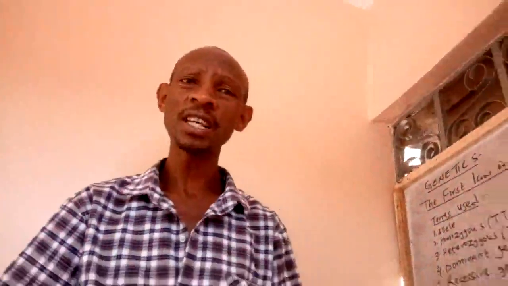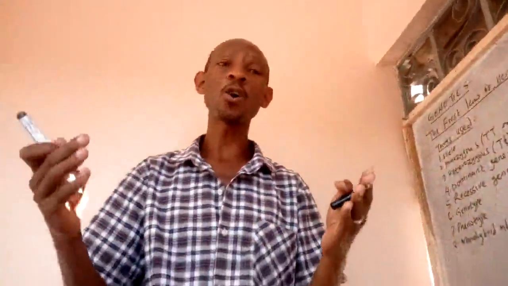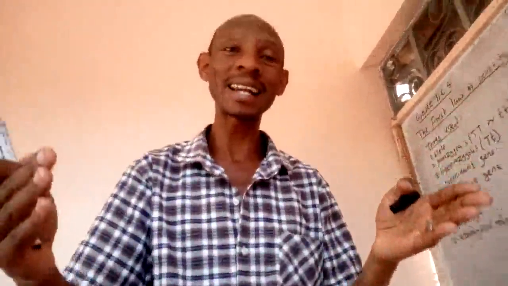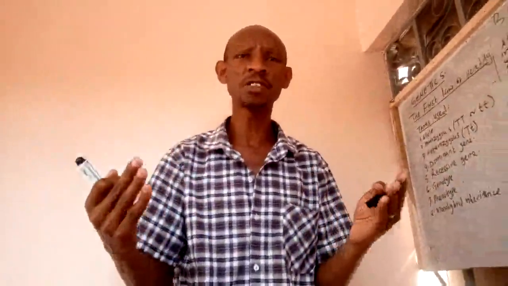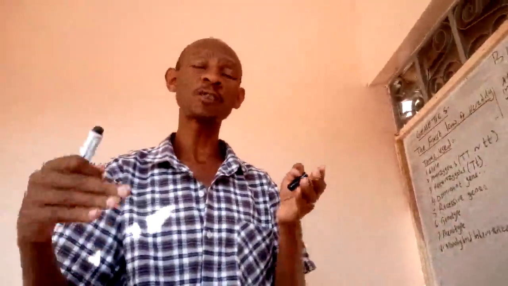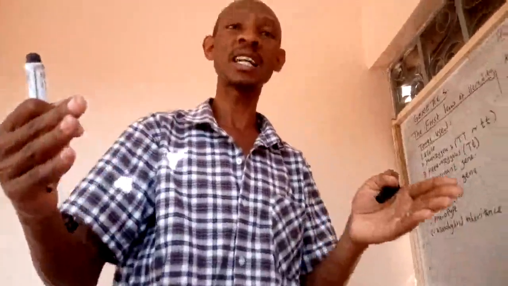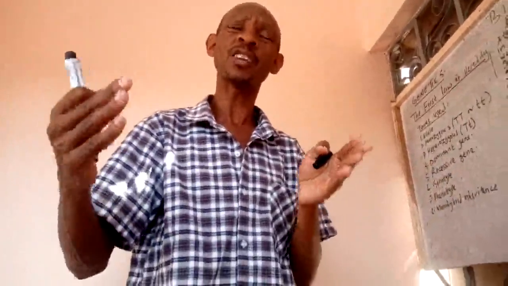A recessive gene is the type of gene that only expresses its characteristic fully in homozygous condition. As far as a recessive gene is concerned, it cannot express its characteristic in heterozygous condition.